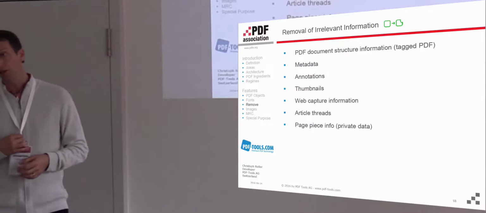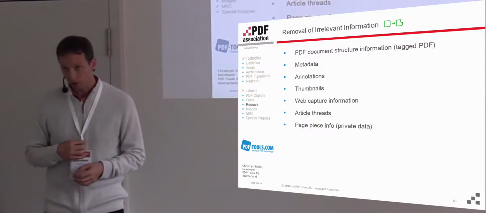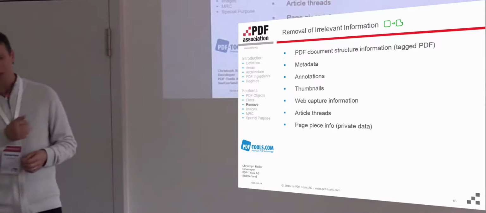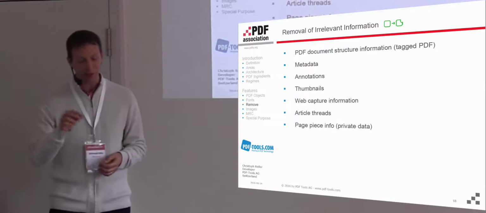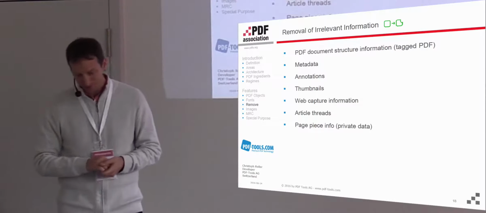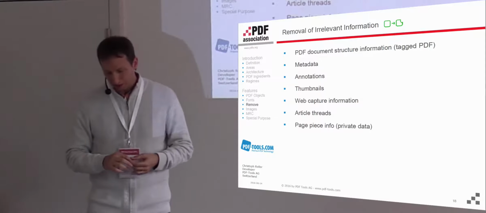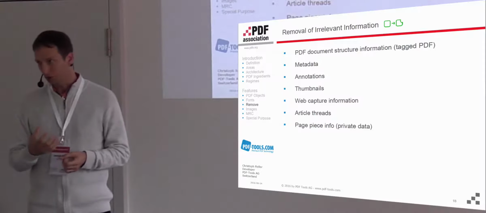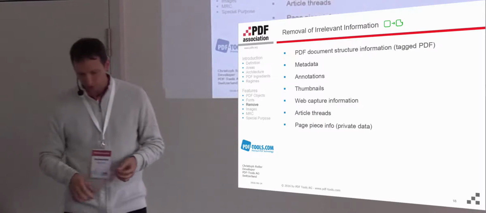Structure information is used in PDF/A-1. You don't want to remove that if your intention is to convert to PDF/A-1 level A, or anything level A. Also the metadata, of course, you want to preserve in certain circumstances.